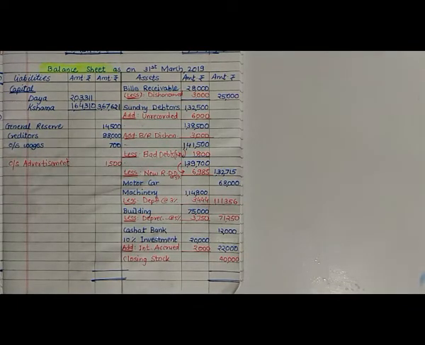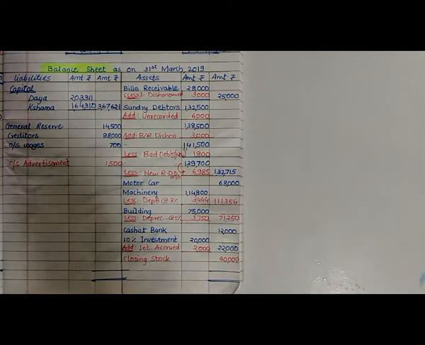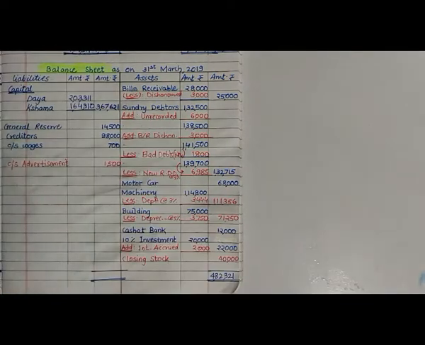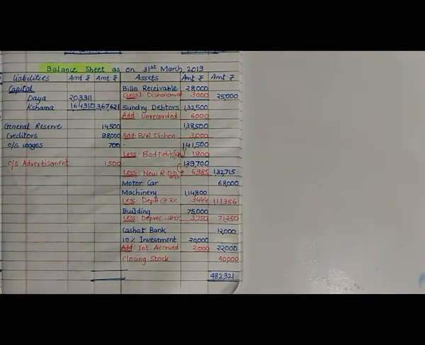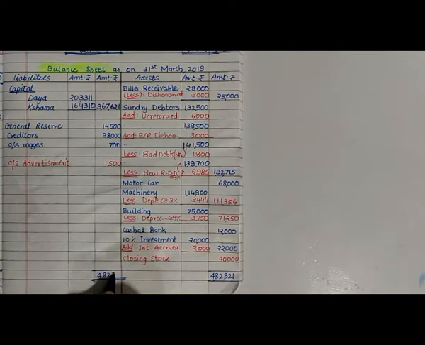We need to total both the sides, liability as well as asset side. The total of asset side is 4,82,321 and total of liability side is again 4,82,321.